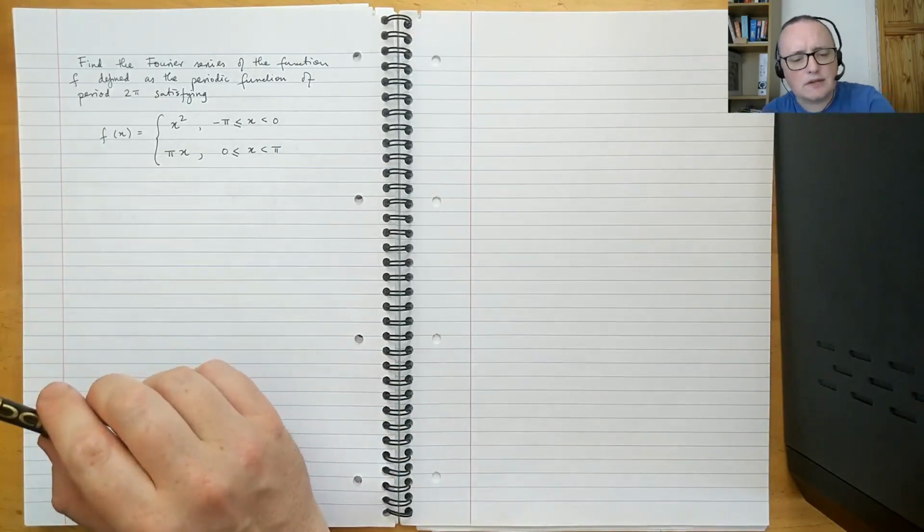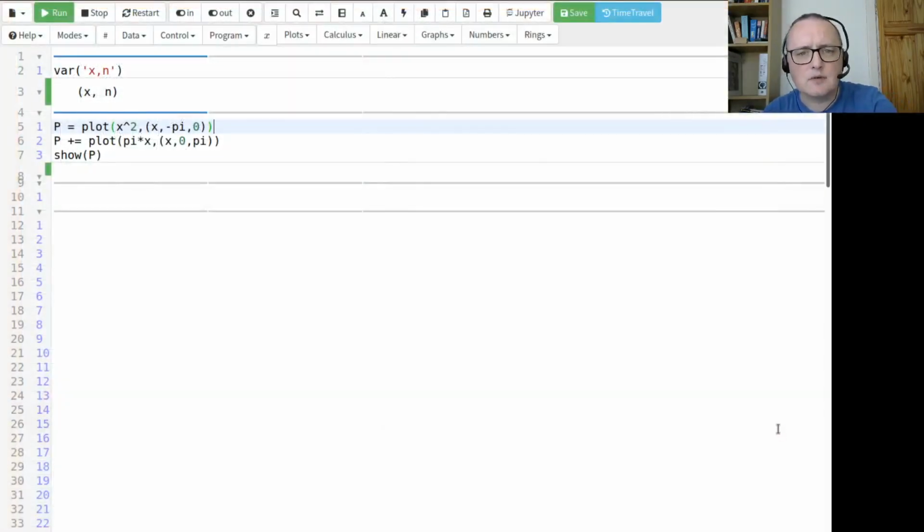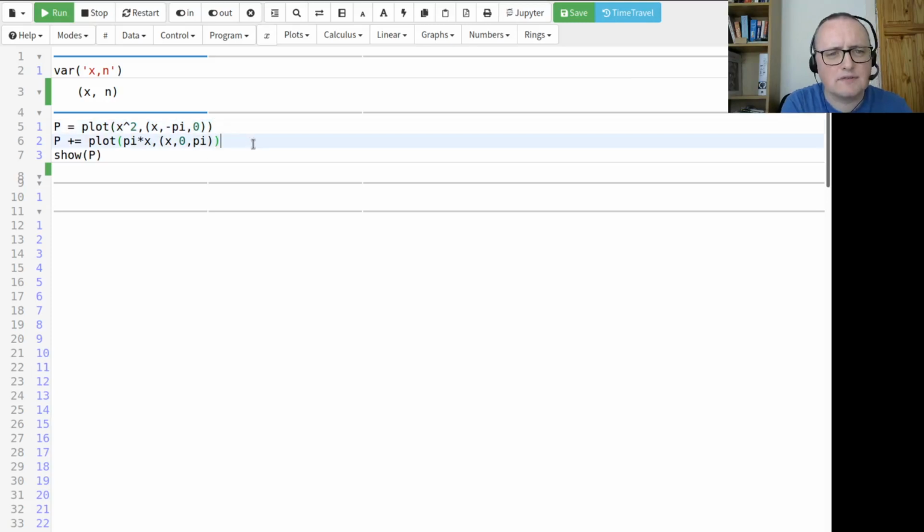So let's just have a quick look at the computer just to get an idea of what function we're dealing with. I'm on a Sage worksheet here on CoCalc using the Python language. I've got a couple of plotting commands here. I define capital P to be the plot of x squared over the interval minus pi to 0, and I add to that plot, capital P, a further plot of pi times x over the positive half of the interval.